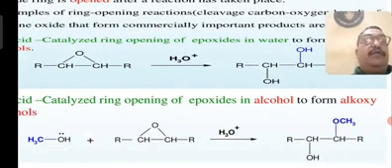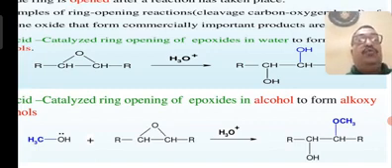CH3 will attach to the oxygen, and the OH is added to the other carbon. In this ring system, one side C-O bond is broken, the OH group will attack this carbon, and the CH3 group is attached to the oxygen.